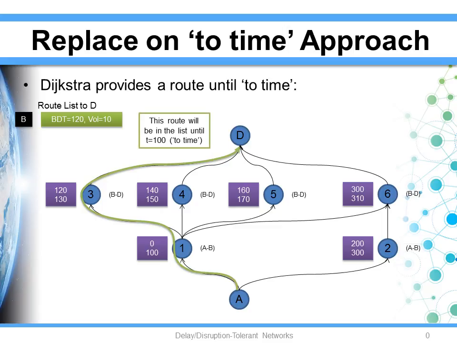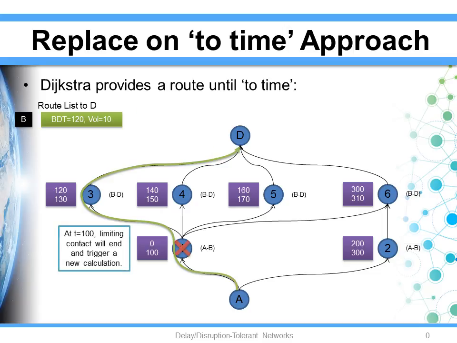As time goes by, this route will be in the route list to node D until time 100. Time 100 is the time at which this path is no longer valid because it becomes a path in the past. So at time 100, the limiting contact will end, and the limiting contact is the contact that actually is the first contact terminating in all the path.